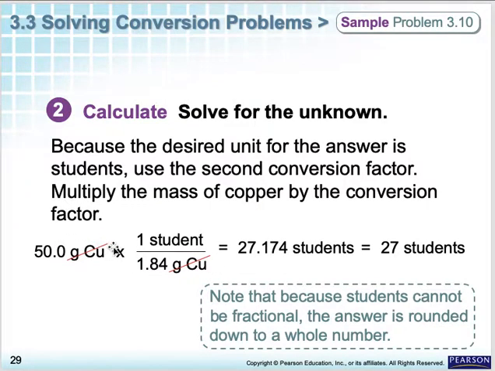And since I have grams on the top, grams have to go on the bottom. And then one student would go on the top. I want to come out in students, so that works out well. And since 50 divided by 1.84 gives me 27.174, and I cannot have a part of a student, so I can only get 27 students to complete the lab.